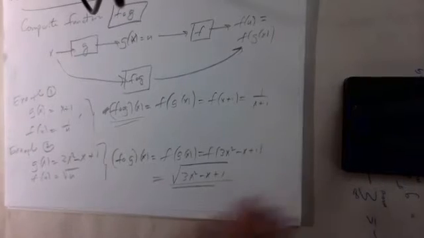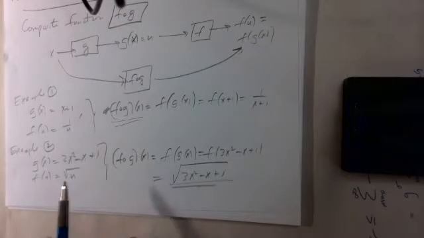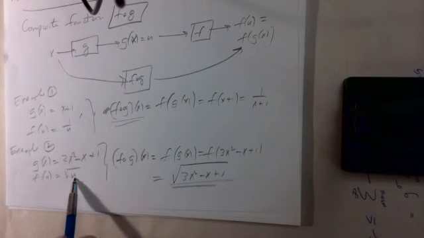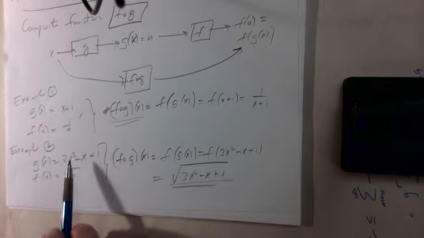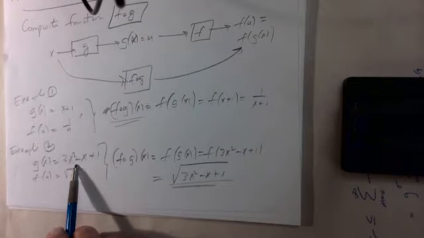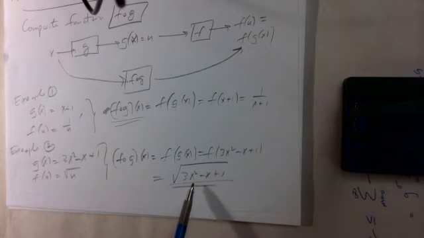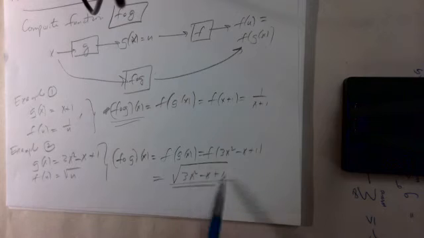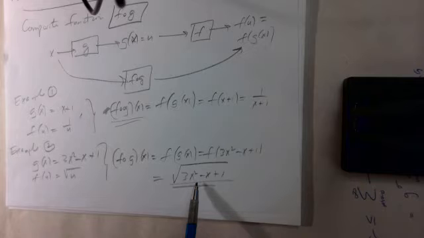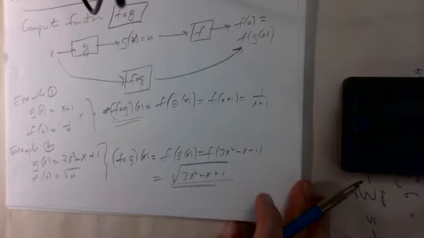And the idea is both of these two functions are rather simple. This is just the square root of u. This is just a quadratic polynomial. The composite is more complicated. And if you want to differentiate a complicated function, it's very useful often to be able to decompose it into a composite of two much simpler functions.